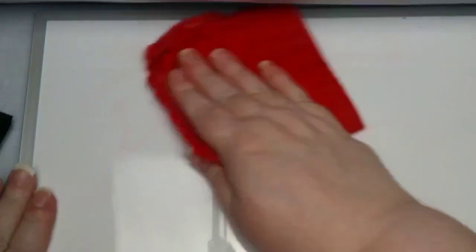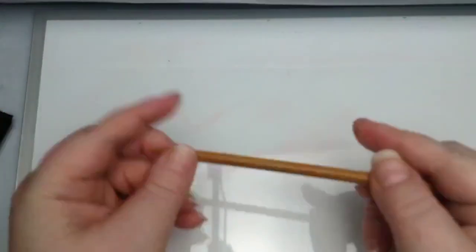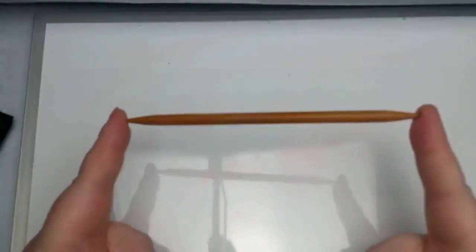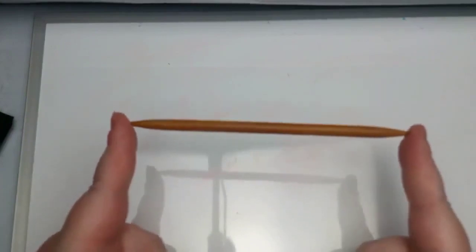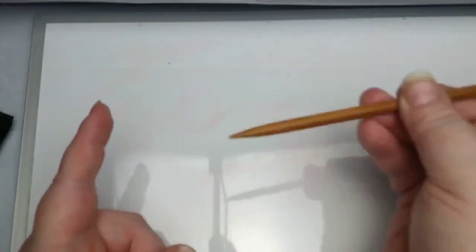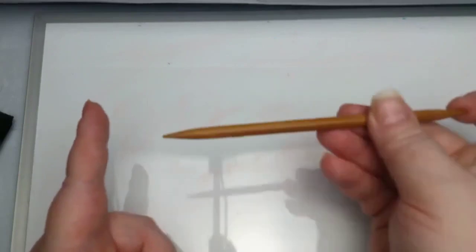Now, once you get really good at this, or you're working with certain yarns or certain patterns, you actually don't even need a cable jump anymore. But if you do, I usually use a short double point needle. Alternatively, if you use interchangeable circular needles, you can take one end off and use that.